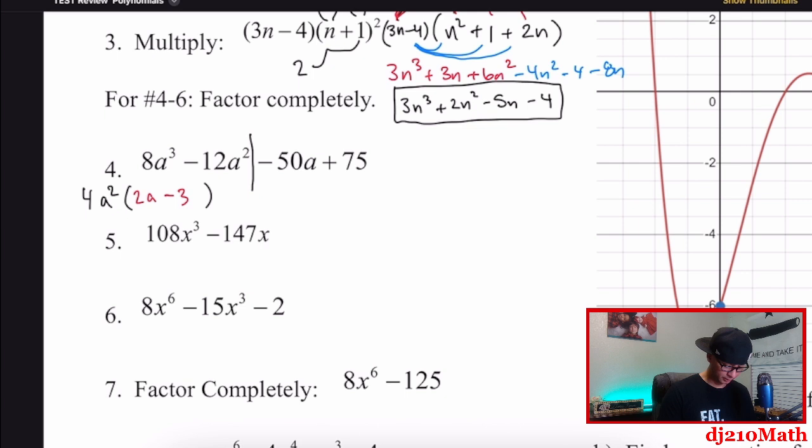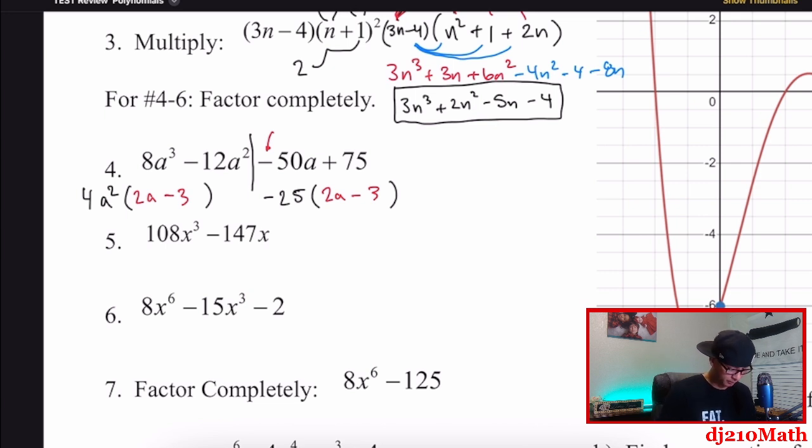Okay, right hand side, the 2 terms on the right. This is a negative, so I'm going to take out a negative for sure. So negative 25. And left behind is going to be 2a, right? Because 2 times 25 is 50. And then minus 3. 25 times 3 is 75.